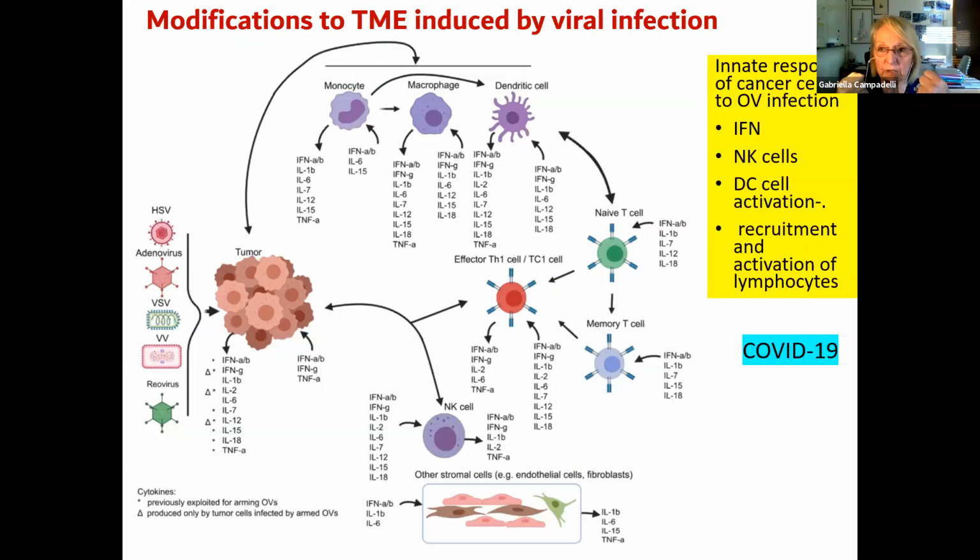But the real problem of COVID comes 5 to 7 days after the infection, when in the lung tissue there is ongoing secretion of all these cytokines and chemokines.